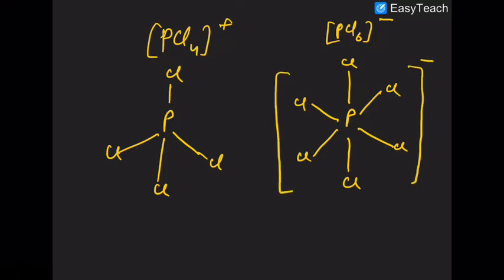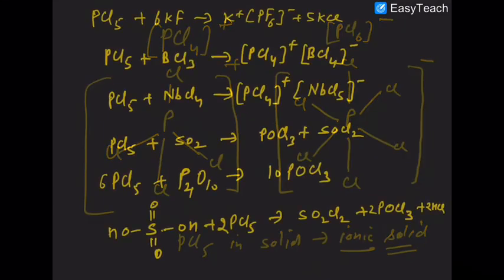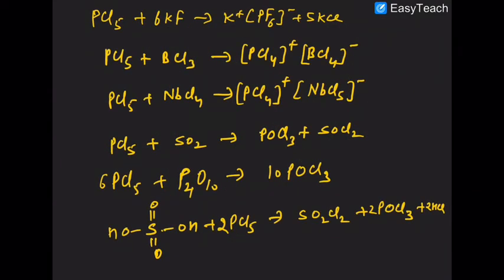So this you have to memorize, that PCl5 in solid state exists as an ionic solid, PCl4 plus and PCl6 minus. Now some very interesting reactions of PCl5 are given here, and you have to memorize all of them. PCl5 when reacted with potassium fluoride accepts six fluorines, so it becomes K plus PF6 minus and 5 KCl.